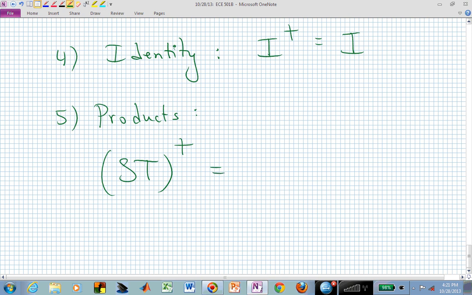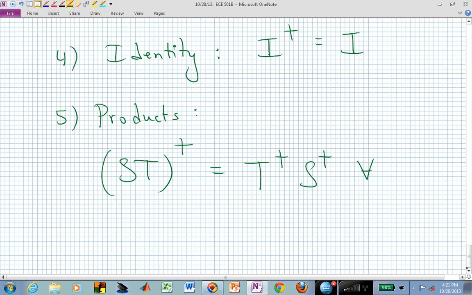Now that's sort of similar to how you deal with inverses in terms of matrices. What happens to the order of those operations? They basically switch places, don't they? So now we have T adjoint times the adjoint of S, and that's for all.